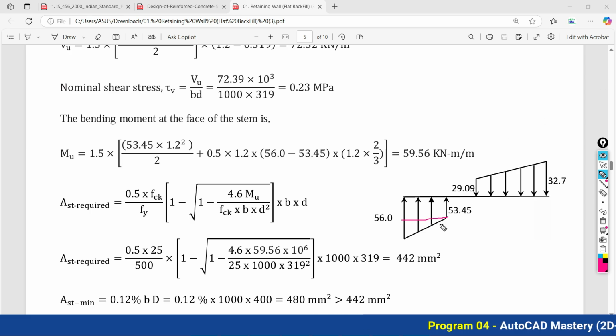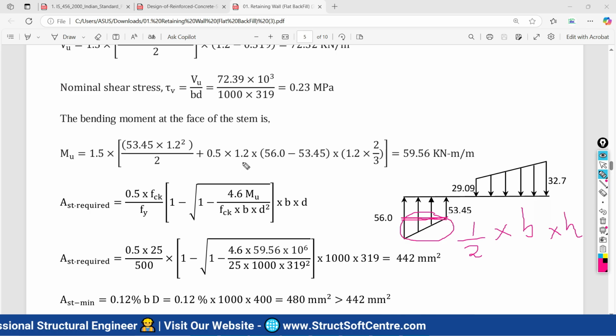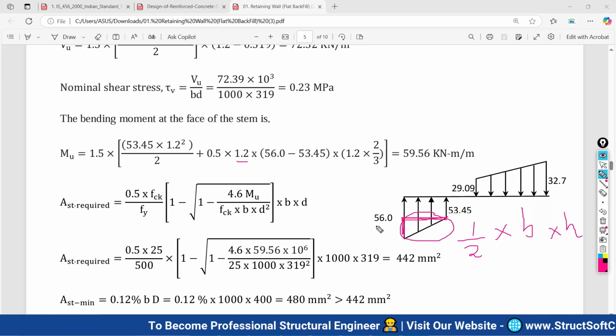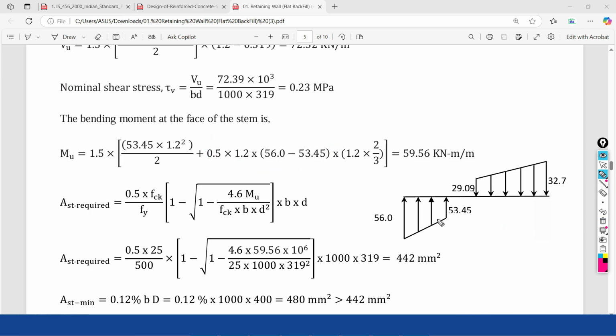Now we have to calculate the moment for this triangular area. Triangular area means 1 by 2 base into height. The base is 1.2 and the height is 56 minus 53.45. So we get this total area, which is to be multiplied with the distance to the centroid point of this triangle.